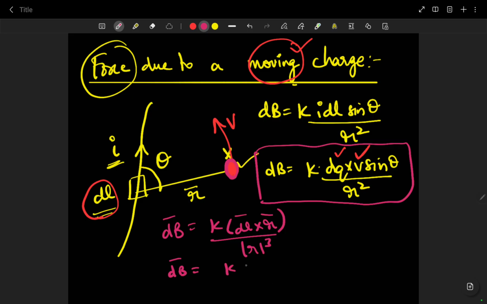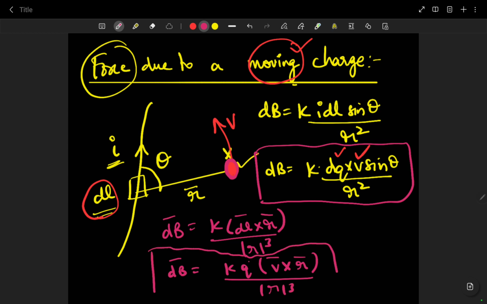So we will use this as k q v vector cross r vector by r cubed. This is the modification done over here, and the variables remain the same.